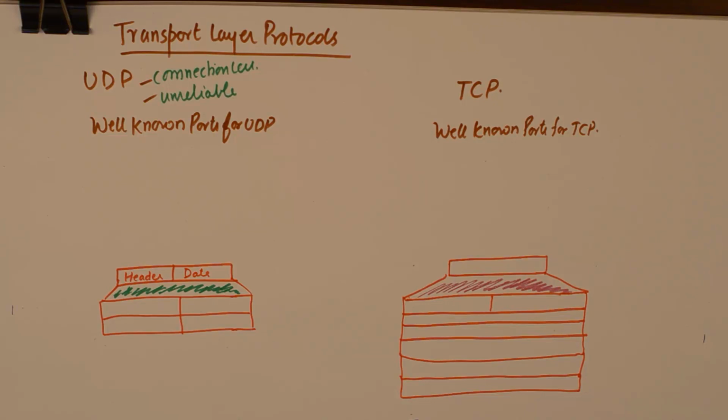There are well-known ports for UDP that I wish to mention here in this video for the sake of knowledge to be attempted in multiple choice questions and so on.